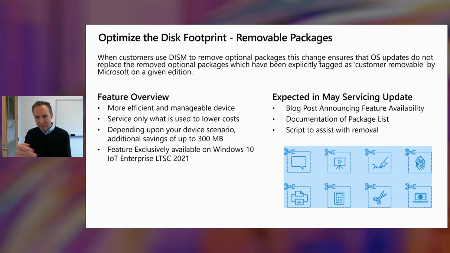And so there's some icons here representing the types of things you can remove, like the printing package, for example, if you don't need that. And it's really about making the device not just smaller, but more manageable, lower the cost, potentially saving up to 300 megabytes of space. And so anyway, take a look when the blog post comes out shortly. This might be something that's of interest to you.